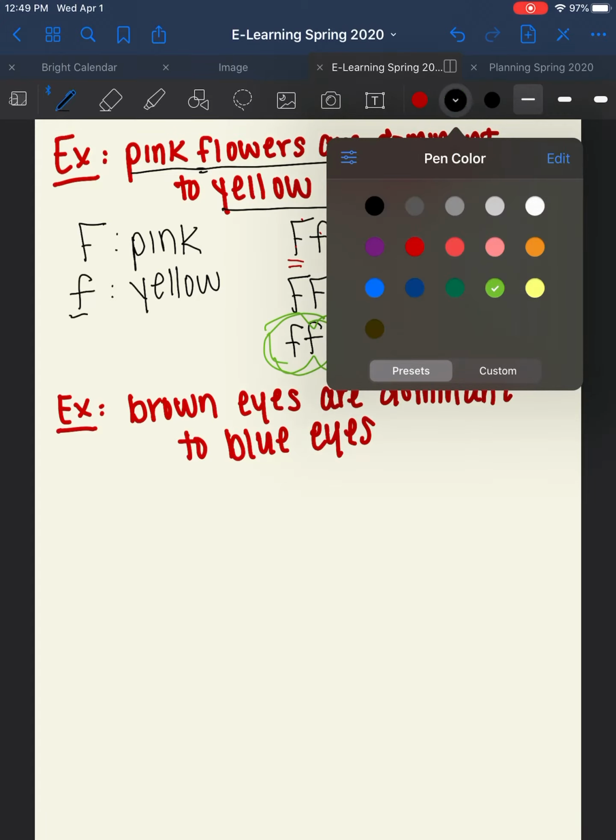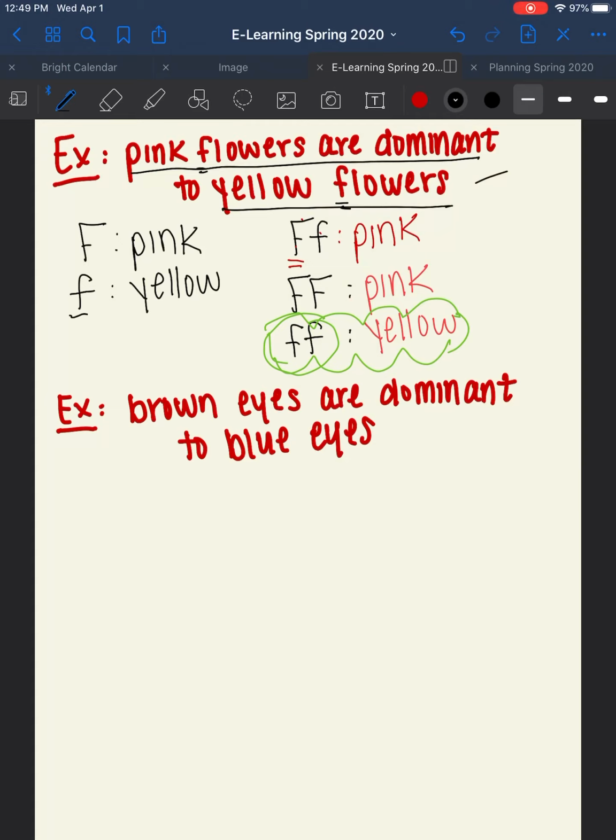Okay, so let's go ahead and go on to the next example. It says brown eyes are dominant to blue eyes. Since the trait we are looking at here has to do with the color of your eyes, I'm going to use the letter E to represent my genotype.